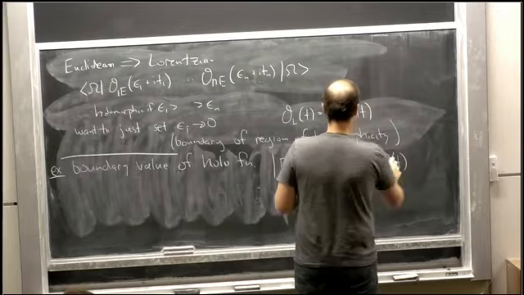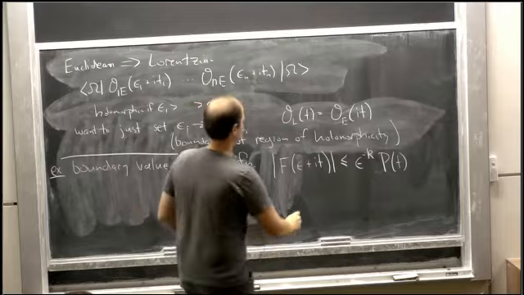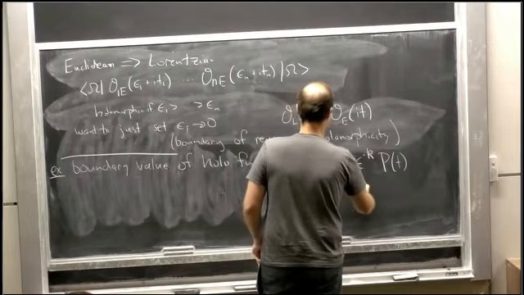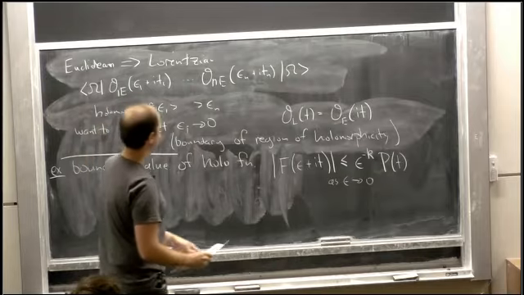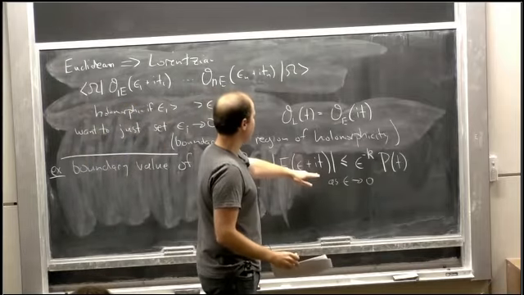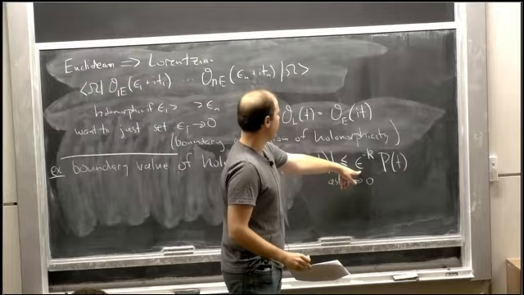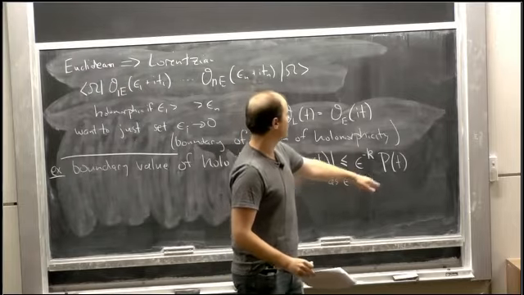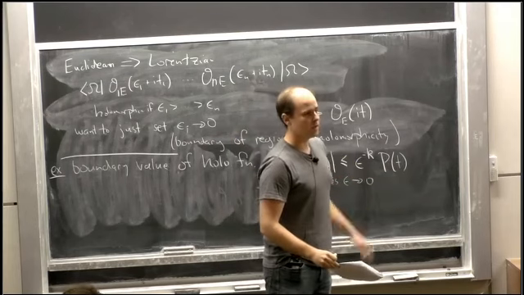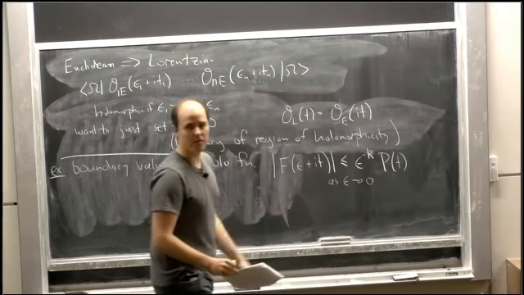So I'll assume that as epsilon goes to 0, this holomorphic function is bounded by a power of epsilon times some function of t that grows at most polynomially at large t.